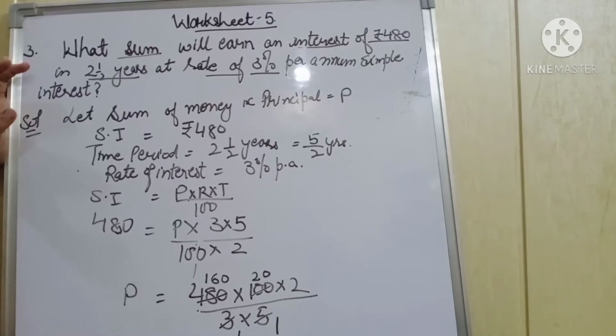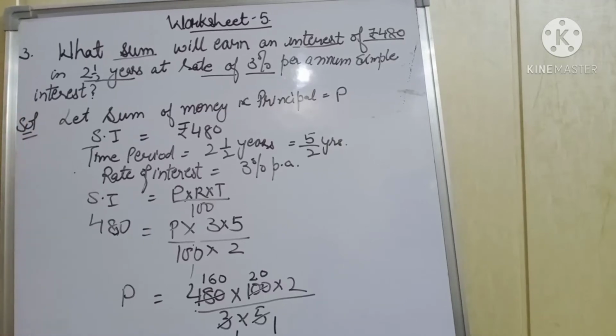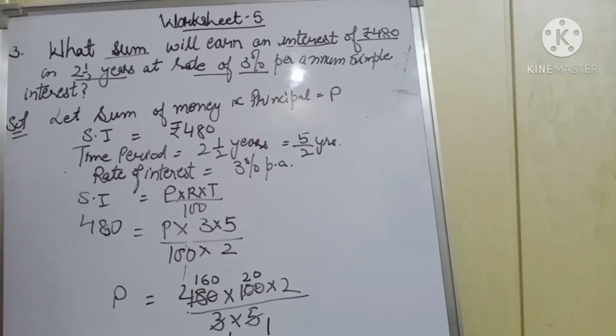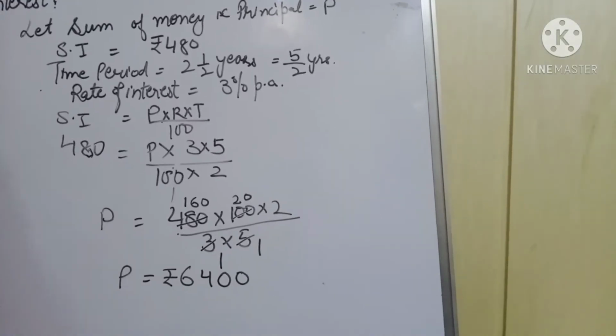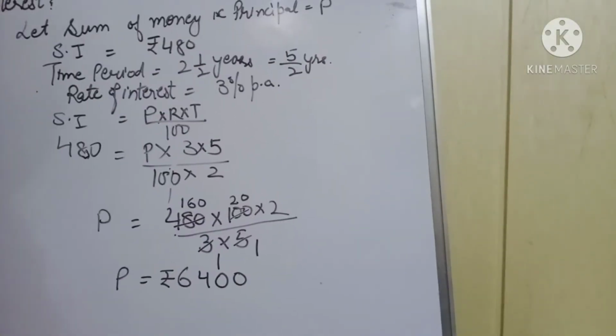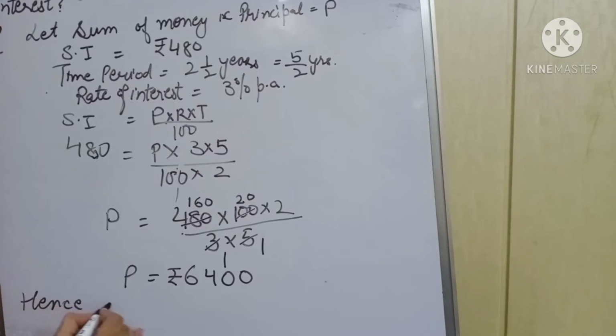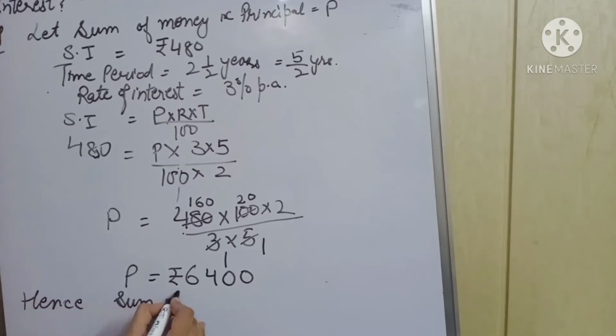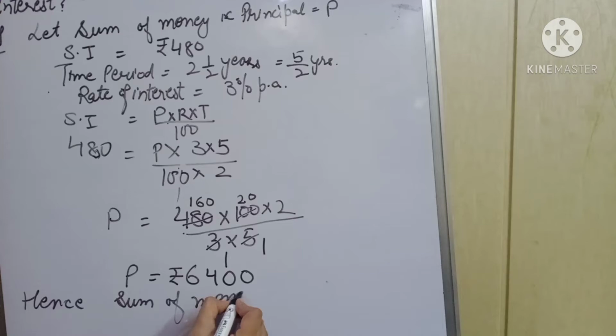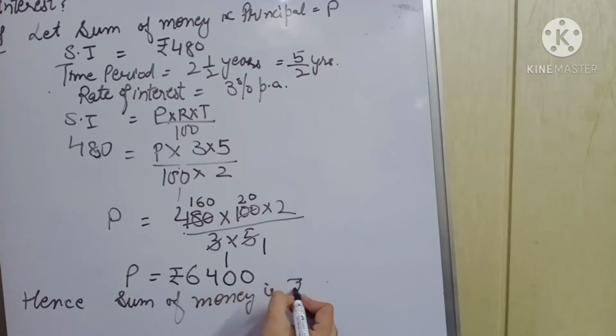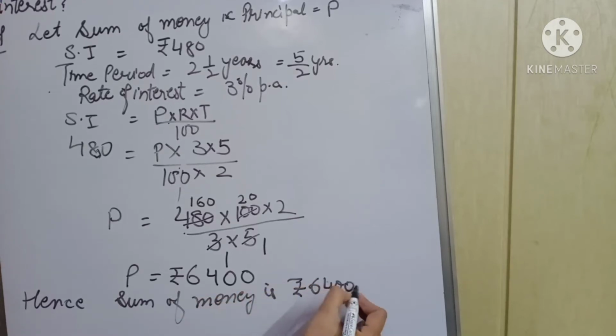So what are we getting? Principal is equal to 6,400. Hence the sum of money is rupees 6,400.